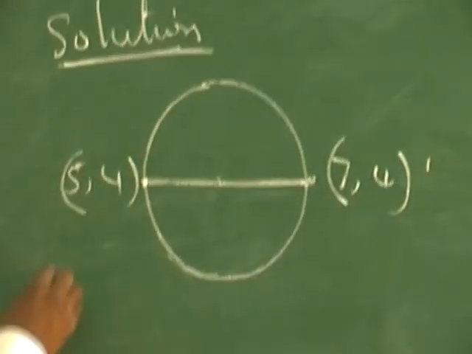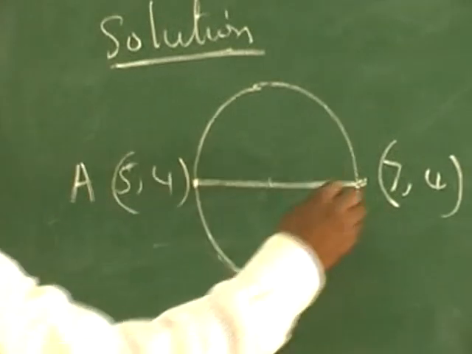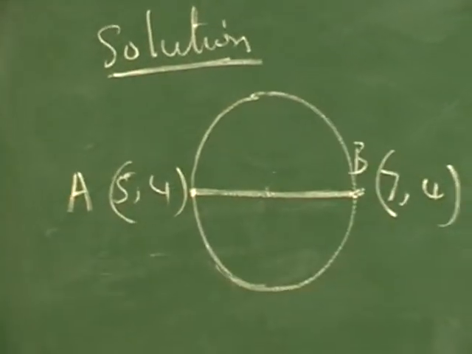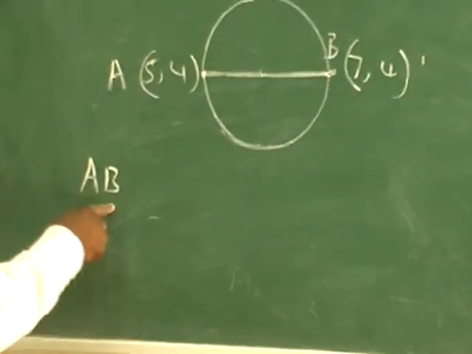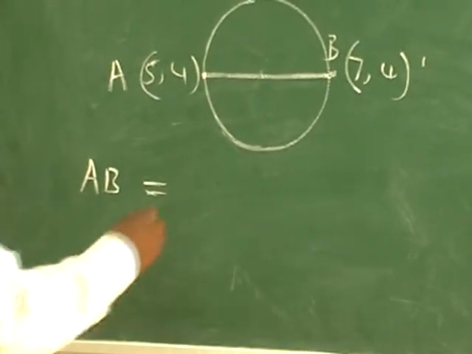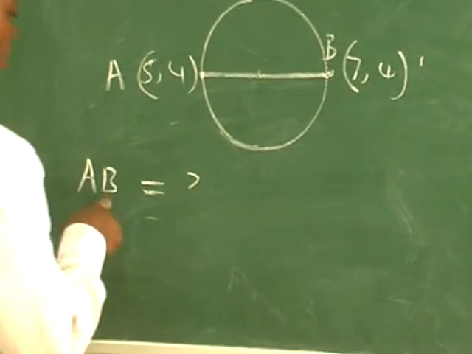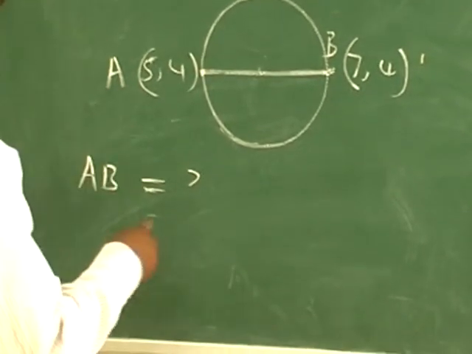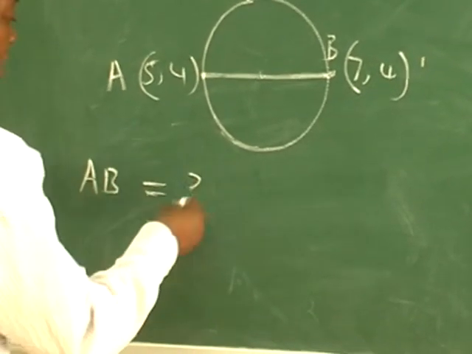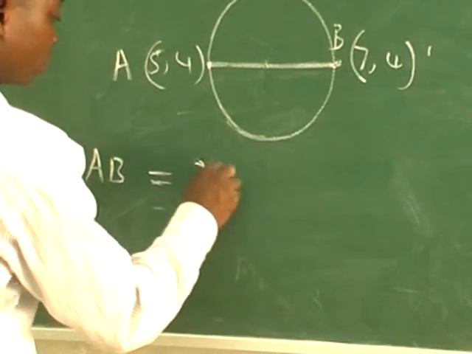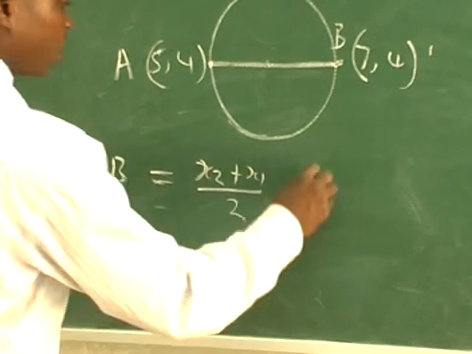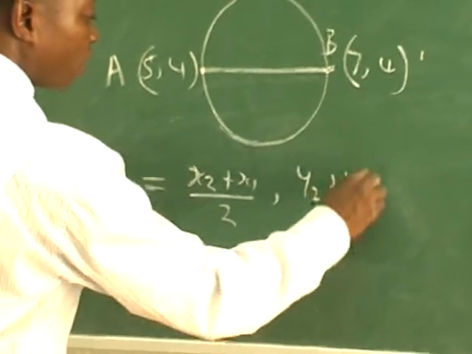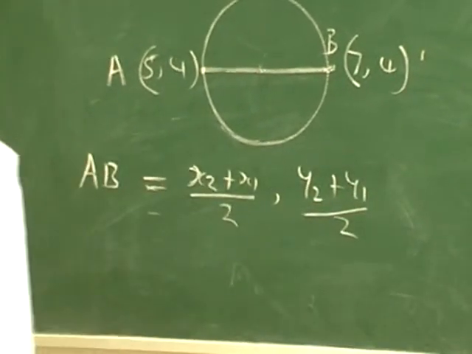Now, let's call this point A and call this point B. Then the coordinate of the midpoint of AB is given by x2 plus x1 divided by 2 and y2 plus y1 divided by 2.